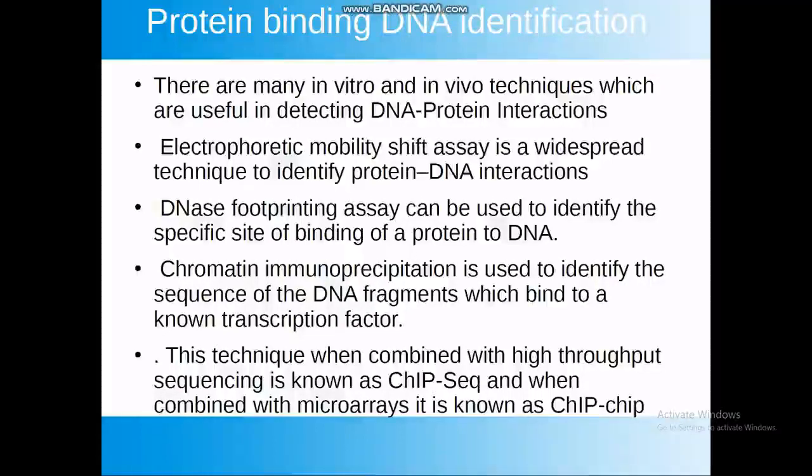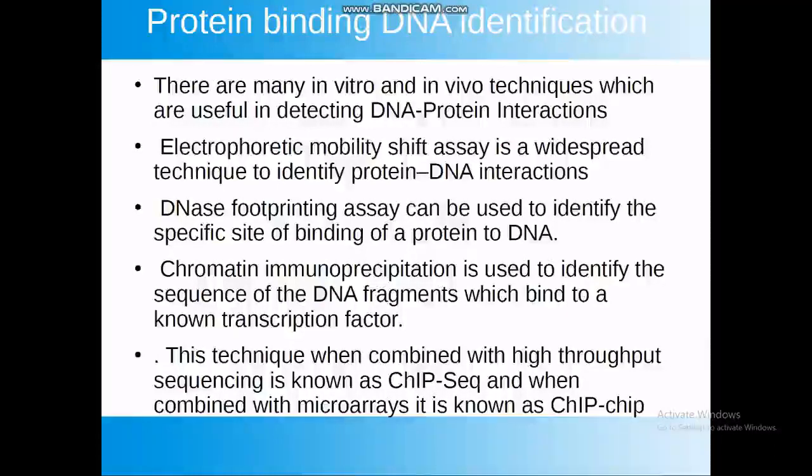The second is the DNase footprinting assay, which can be used to identify the specific site of binding of protein to DNA. The chromatin immunoprecipitation technique is used to identify the sequence of DNA fragments which bind to a known transcription factor.